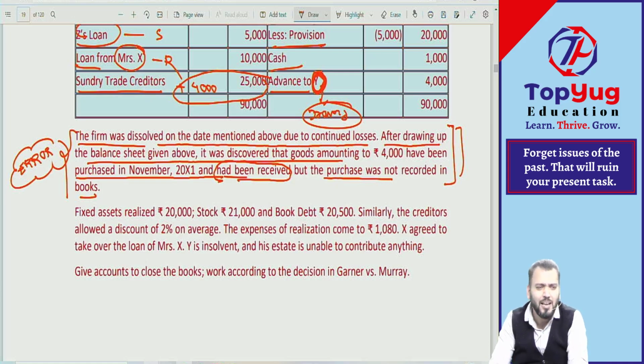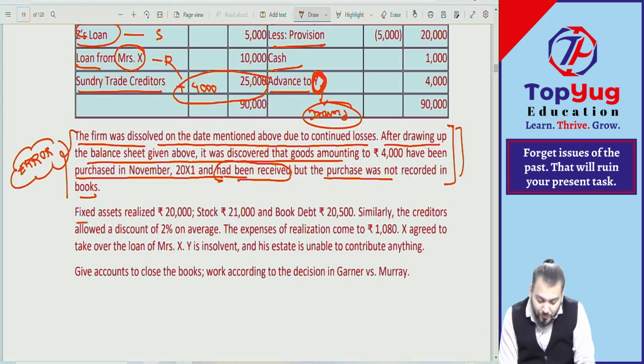In the last 15 years I have not seen a result like this in CA Inter. It feels bad, but we can't do anything. In my CA Final, the result was also 5%. When I gave CA Final, that time the CA Final result was 5%. Okay, whatever happens, happens for the good, think like that.